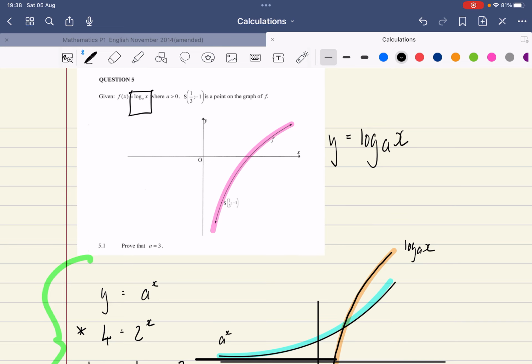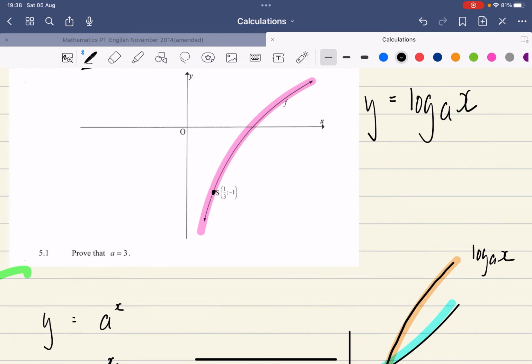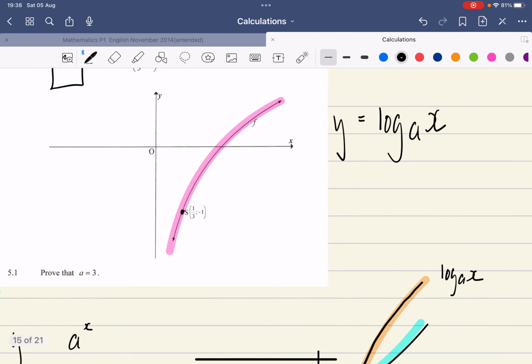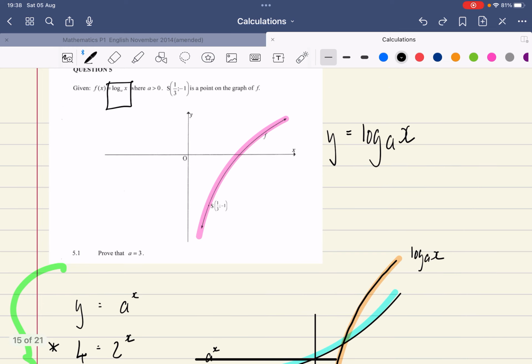You need to know how to work with them. So if we have now the point S, we can actually solve what a can be. All we need to do is work around that. So at this point S, and if this is our function for this pink graph, let's plug in, just like we would do with a linear function, straight line or quadratic, exact same manner.